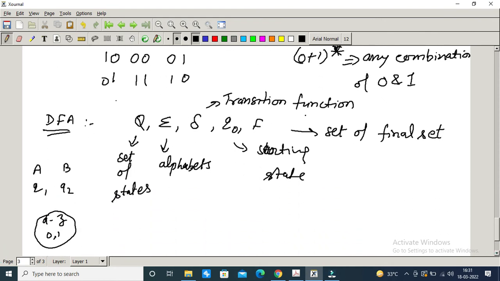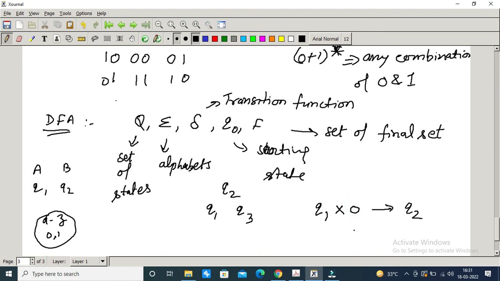Then delta is the transition function. Transition means where you have to go from where. If I say that we have three states like Q1, Q2 and Q3, and you have to go from Q1 to Q2 after reading some symbol. So if you read 0 at Q1, you go from Q1 to Q2.